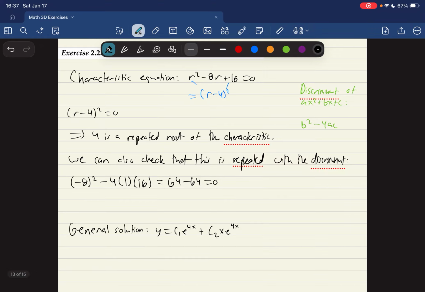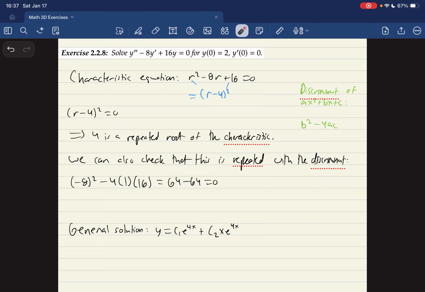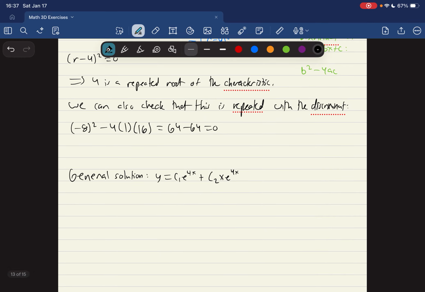Okay, now that we have this settled, our next task is going to be to figure out what C1 and C2 have to be. Because remember that in this case, we have initial conditions. So let us go here and plug these in. So plugging in initial conditions, what do we get?